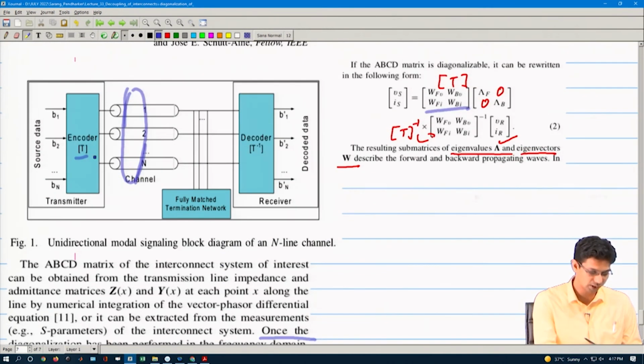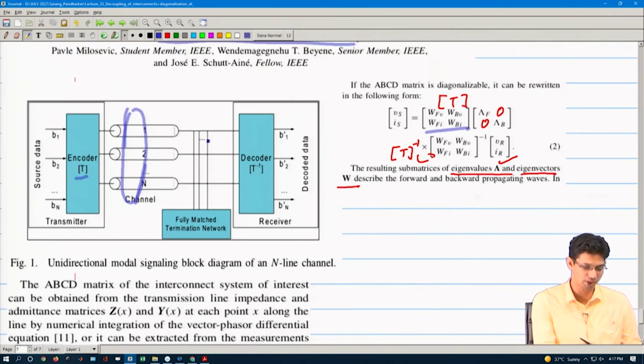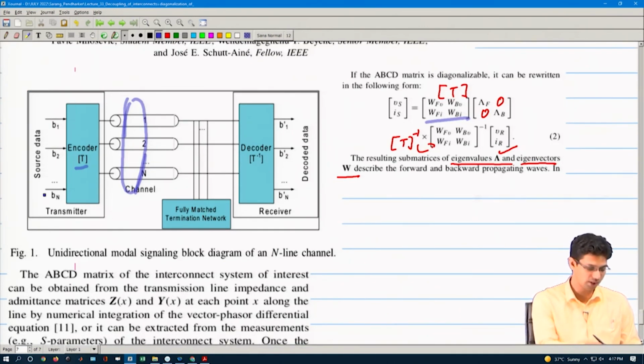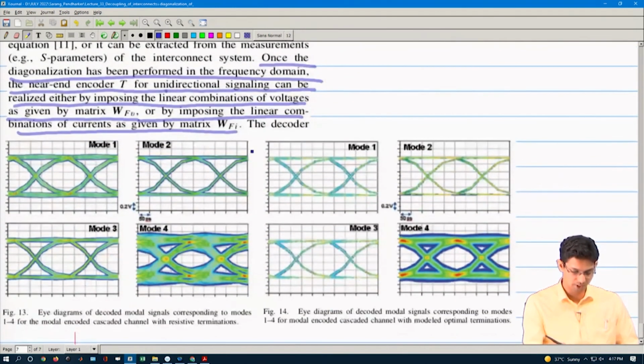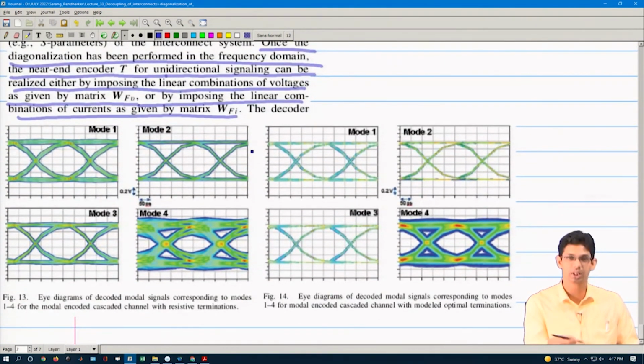So, basically in this method all these bit streams are combined to form different modes, and then different modes are propagated, and at the other end you are again decoupling them. So, this is what is called modal signaling.